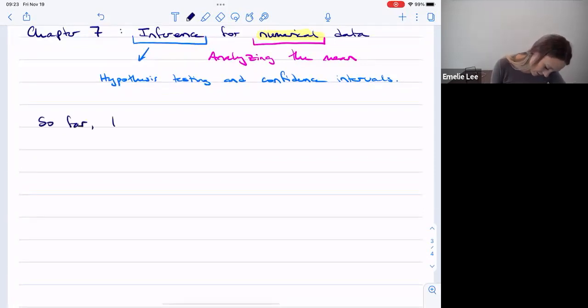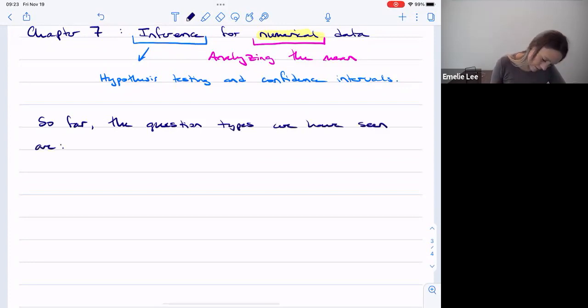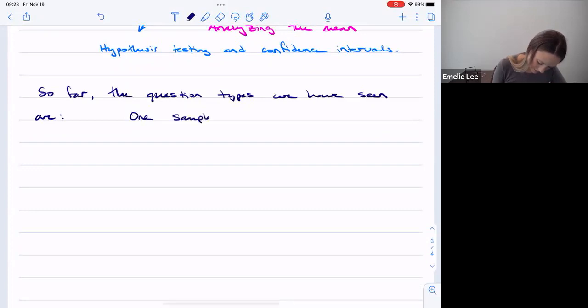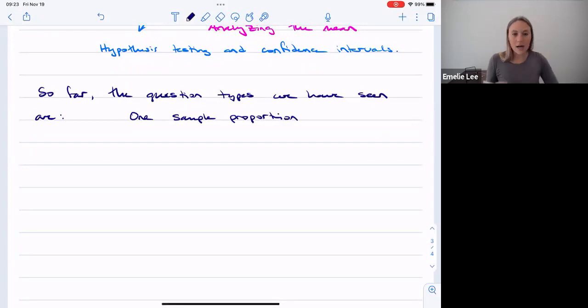So far, the question types we have seen are one sample proportion, and now I'm going to get really wild and crazy here.